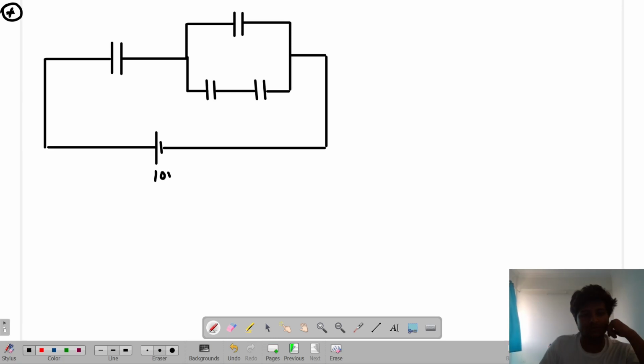So this is 10 volts, this is 12 microfarad, this is 8 microfarad, this is 6 microfarad, and this is 12 microfarad.